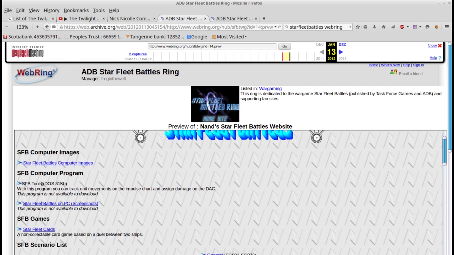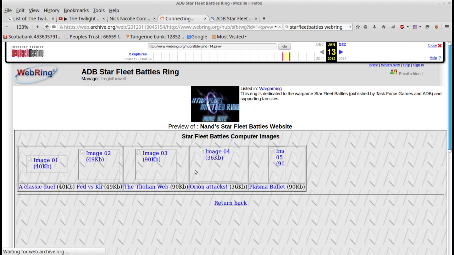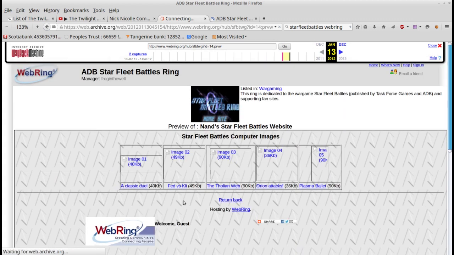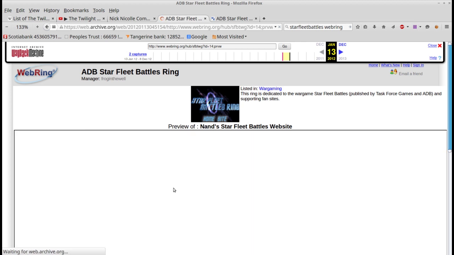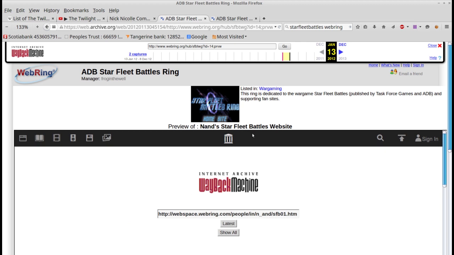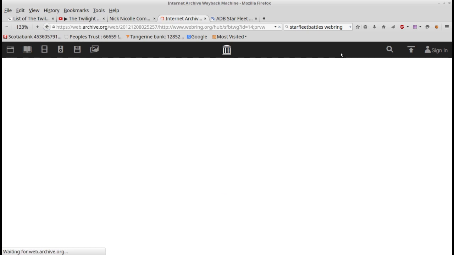So we have a DOS SFB tool. Now, a lot of times the content in the links won't be there.